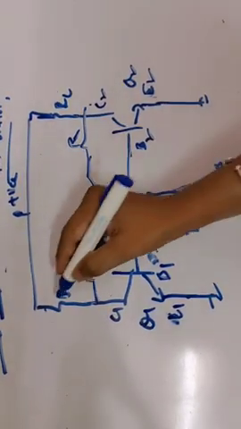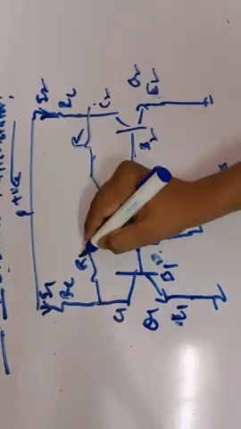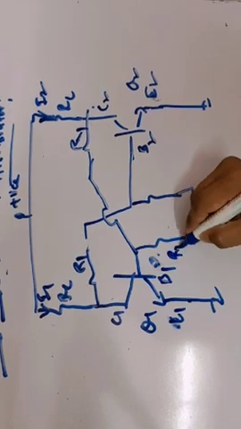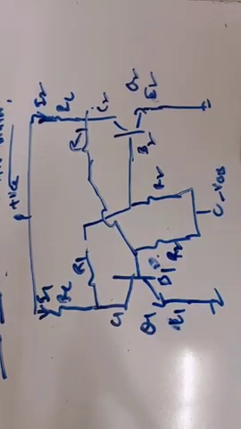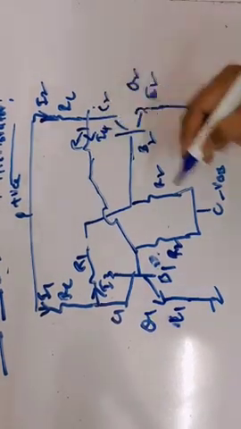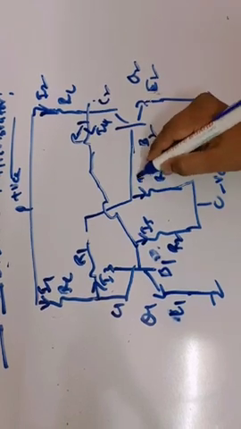Let us take these currents as I1, I2, and these resistors are R1, and equal resistances will connect here, that is R2. Now let us consider the current flowing in this branch as I3, here I4, and the current flowing in this branch as I5. Let us consider this current as I6.